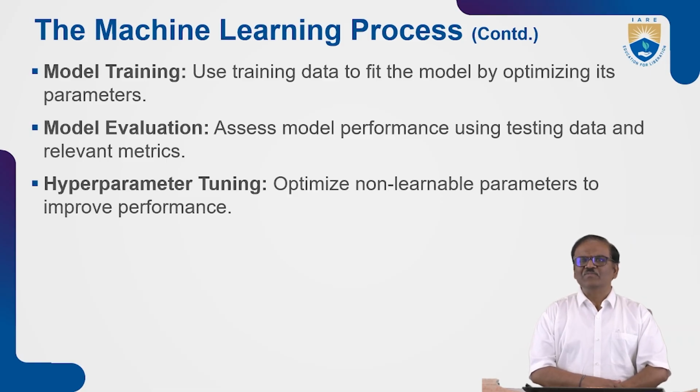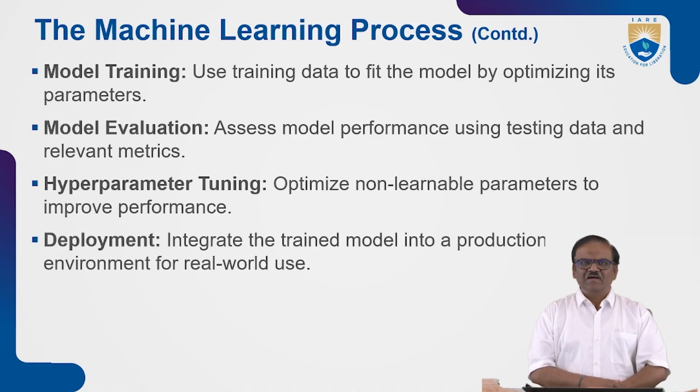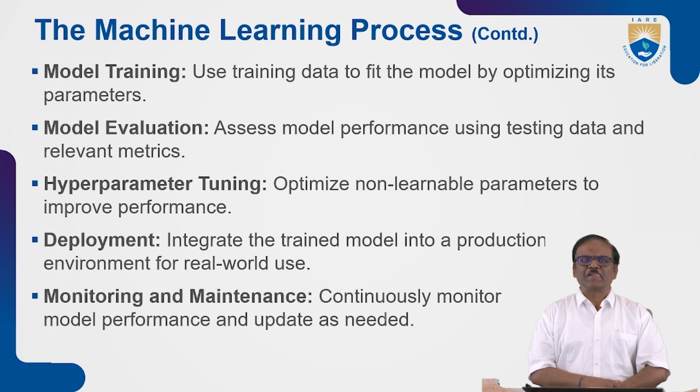Optimize non-learnable parameters to improve the performance, and these we call the hyperparameters. Then do the deployment, integrate the trained model into production environment for real world use. Monitoring and maintenance. Continuously monitor model performance and update as needed.